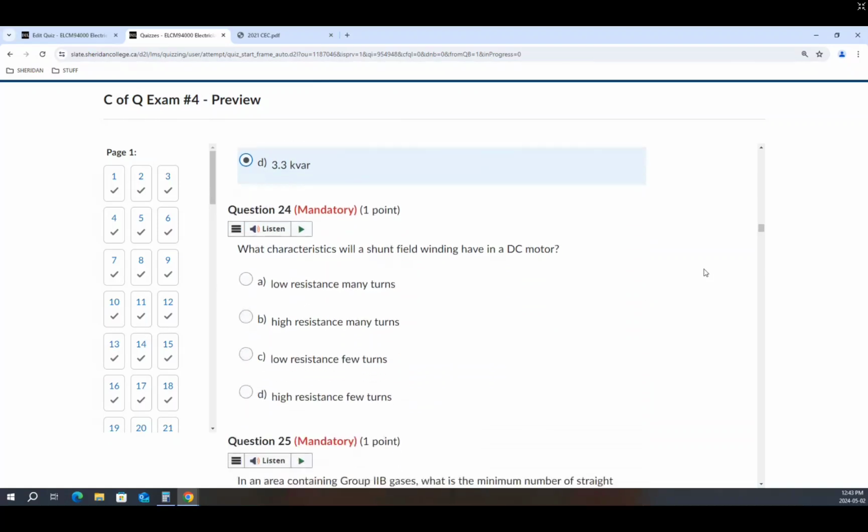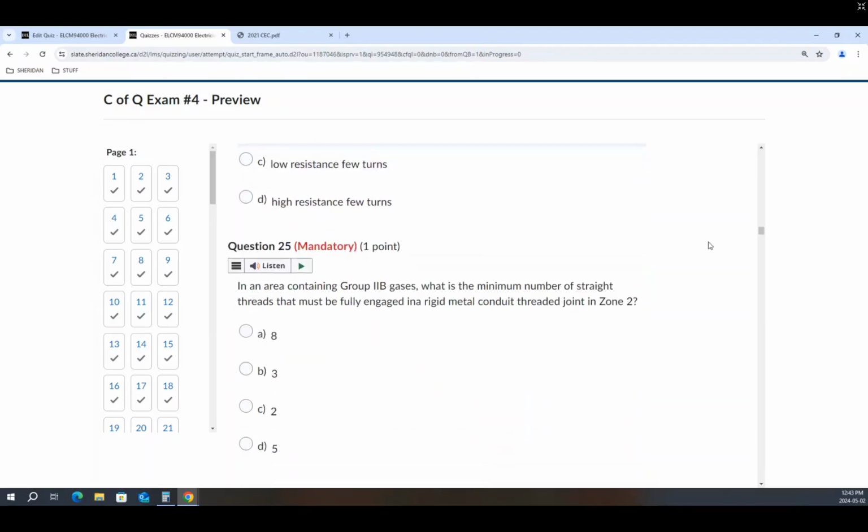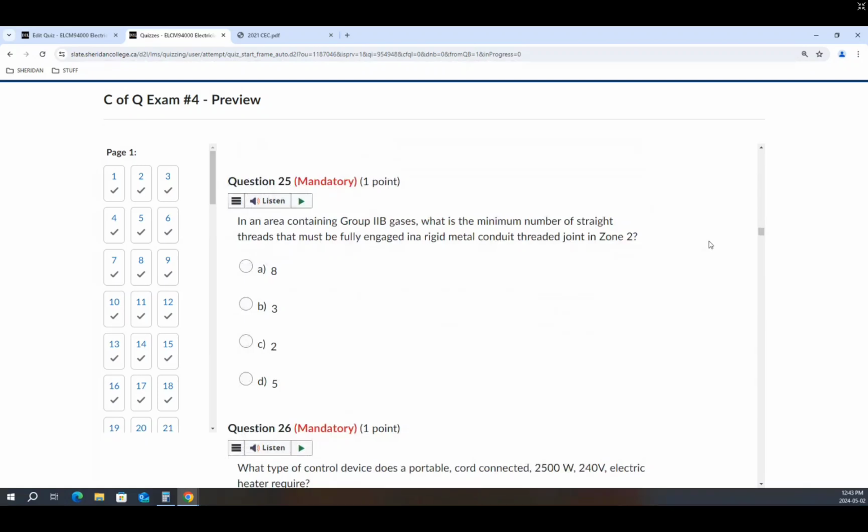Number 24. What characteristics will a shunt field winding have in a DC motor? High resistance, many turns. Question 25.